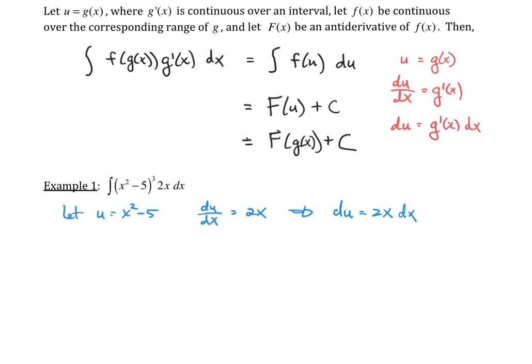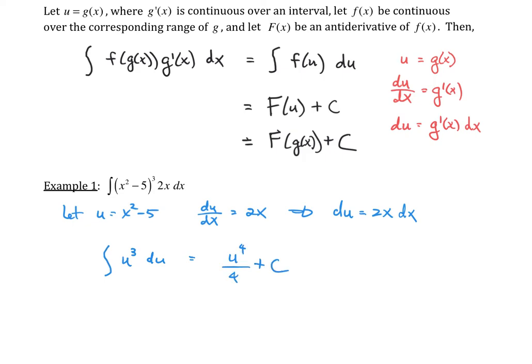And I hope you all can see that that's exactly this part on the right side of my integral right here. So now I'm going to make my substitution, and I get the integral of u cubed du. Now this is easy enough for me to integrate. That's just going to be u to the 4th over 4 plus c.